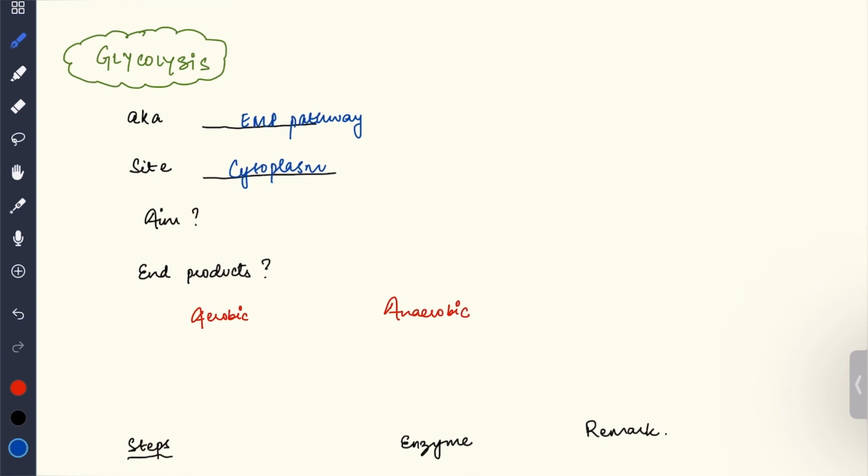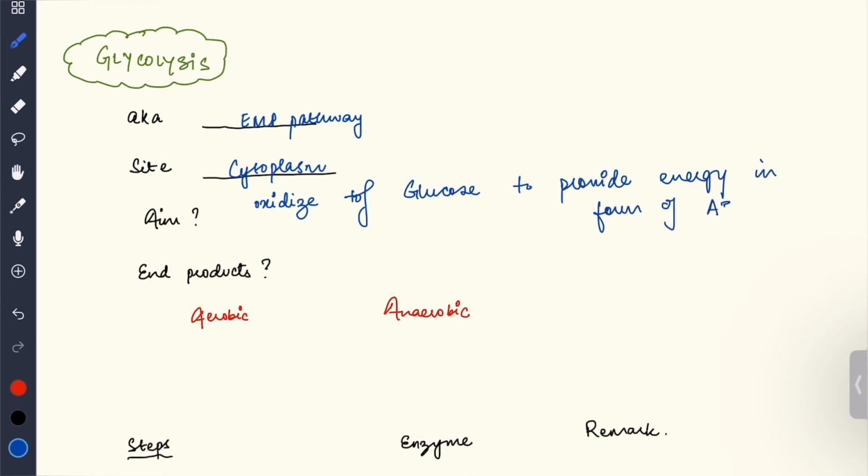What is the aim of glycolysis? The aims of glycolysis are two. First, oxidation of glucose to provide energy. We have glucose and we will oxidize it to provide energy in the form of ATP. ATP is like the energy of the cell.